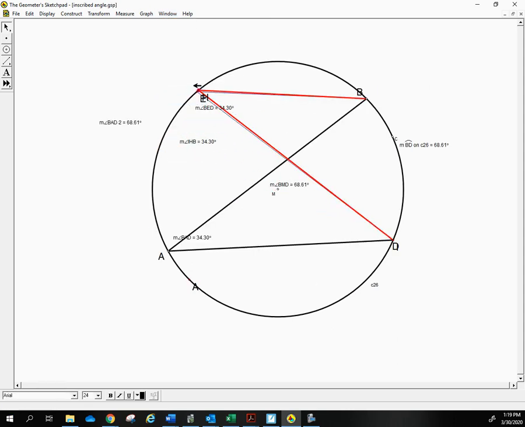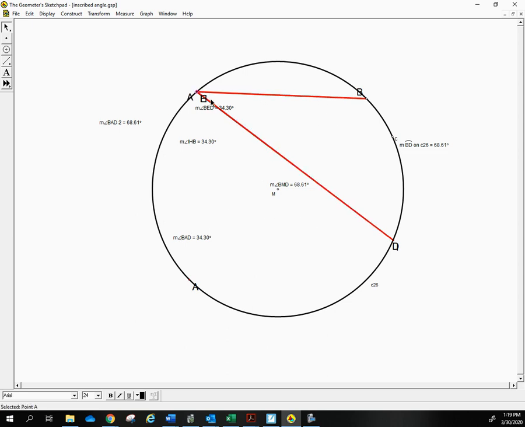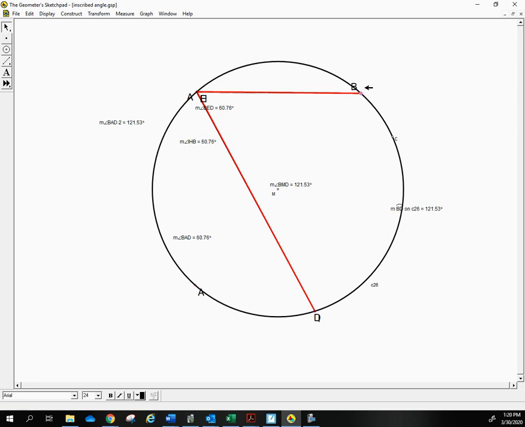If I was just to look at one inscribed angle right here, what I talked about before was, if I had an inscribed angle, and let's say we'll do a nice number, a 120 degree arc. So I have a 120 degree arc. If I was to make a central angle, we know that this central angle right here is also going to be 120 degrees.